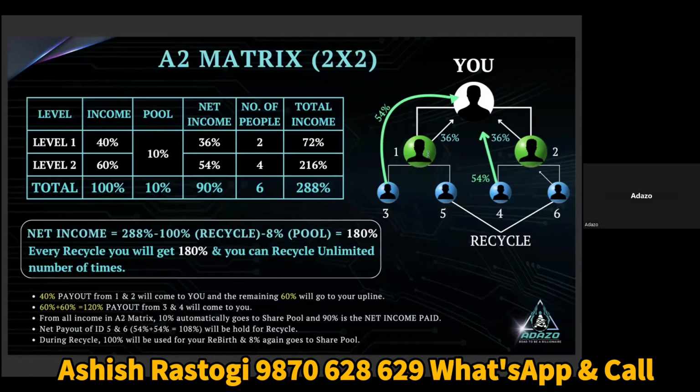This guy hasn't even started recommending this business to anybody, but still he has received 40% from this ID number 3, 40% from this guy, 40% from this guy, 40% from this guy. So he has already received 80% of his capital back without even sharing this business with anybody.